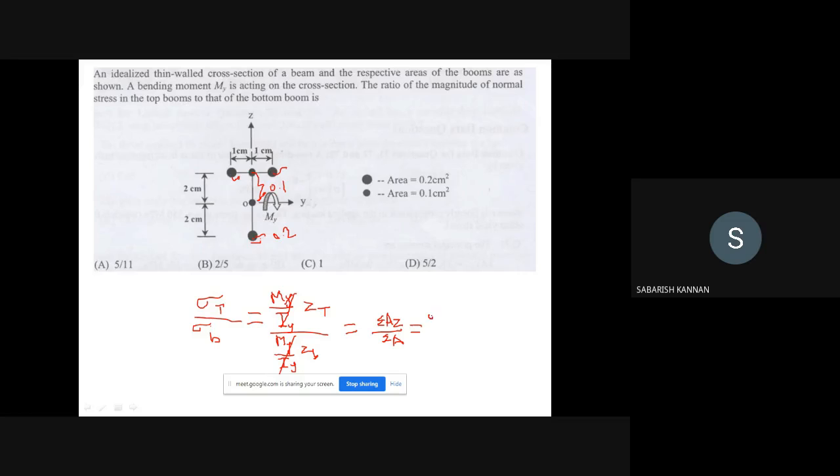That is 0.2 into 2, where this 2 is the distance.